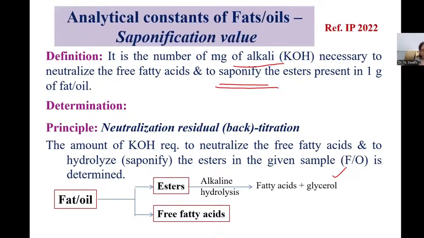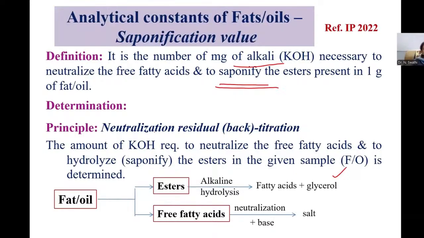You can refer to that course video to get better clarity about this concept. Now, along with the triglyceride or triester, the fat or oil also consists of some free fatty acids. Because these free fatty acids have acidic property, we can subject them to neutralization. That is, by titrating with base, we can perform a neutralization reaction so that the free fatty acids available in the sample will be converted to the corresponding salt.